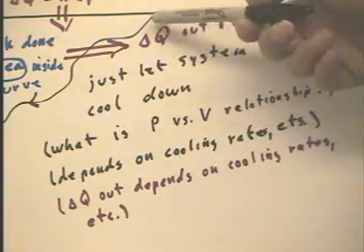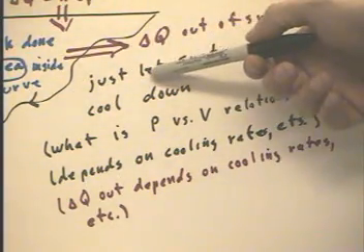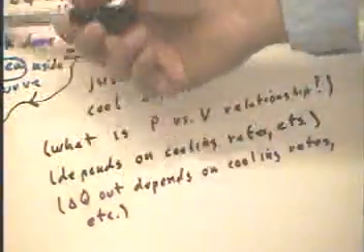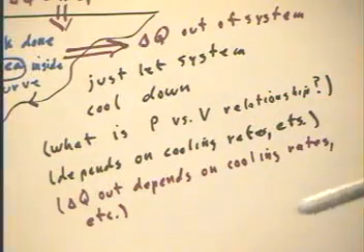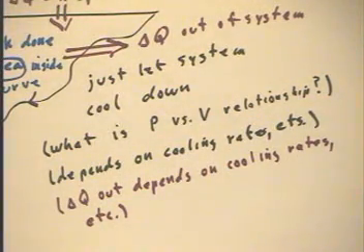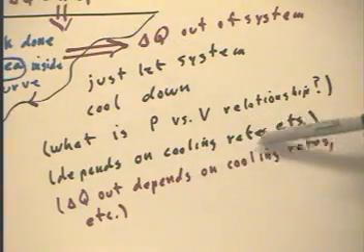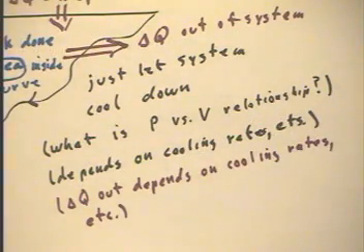So maybe we would go down like this and then like this. So we might have almost a square region. There are other ways to let the system cool down, and what really happens depends a lot on cooling rates and other factors.